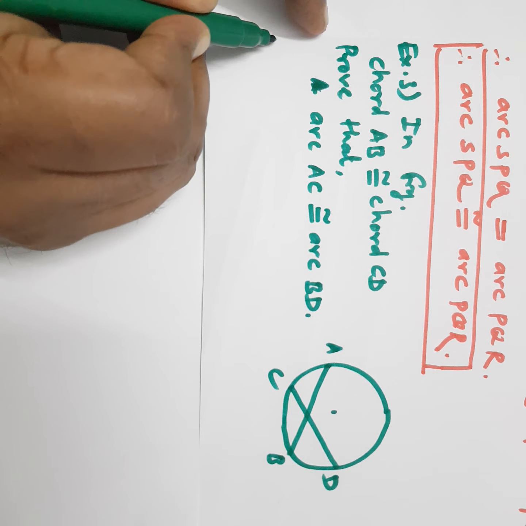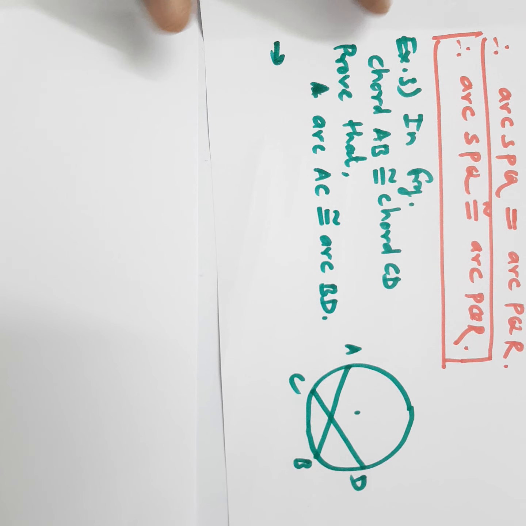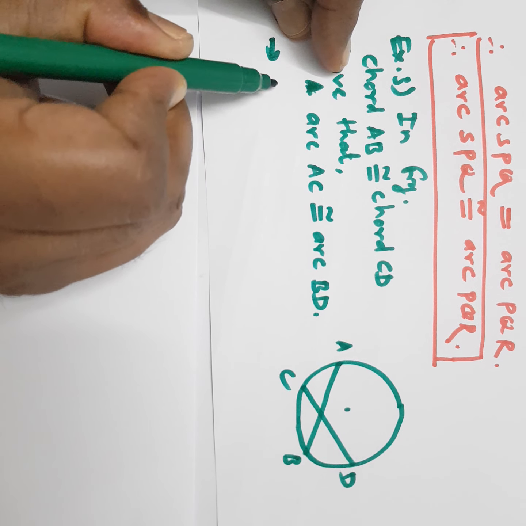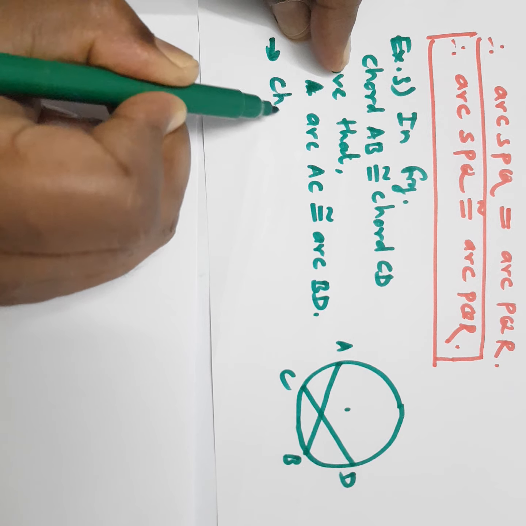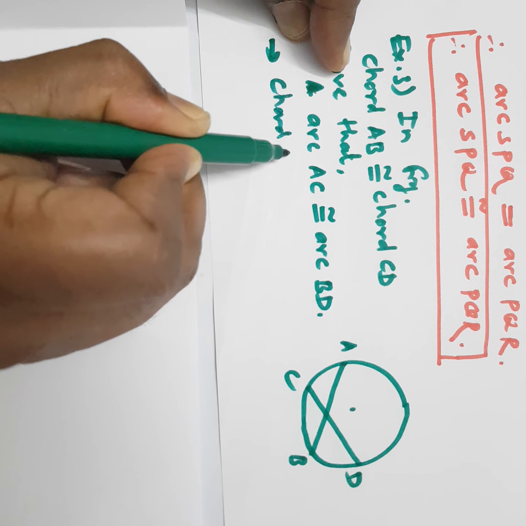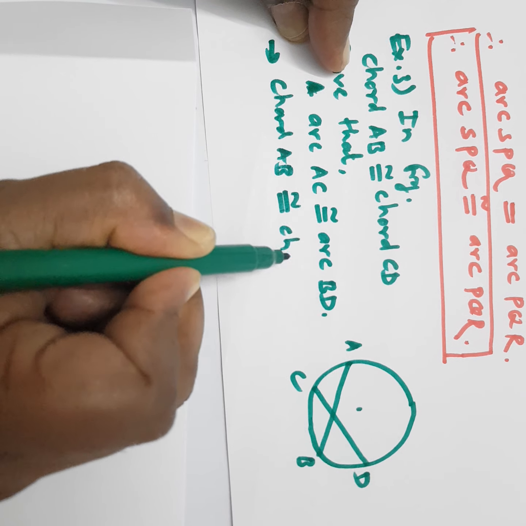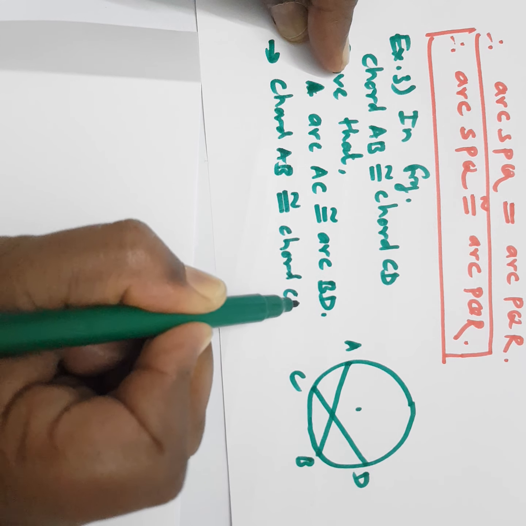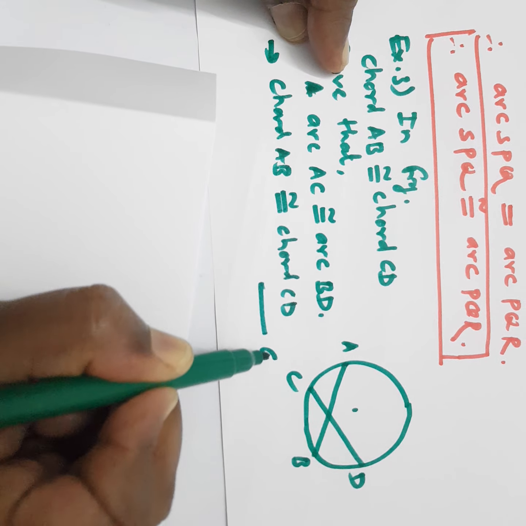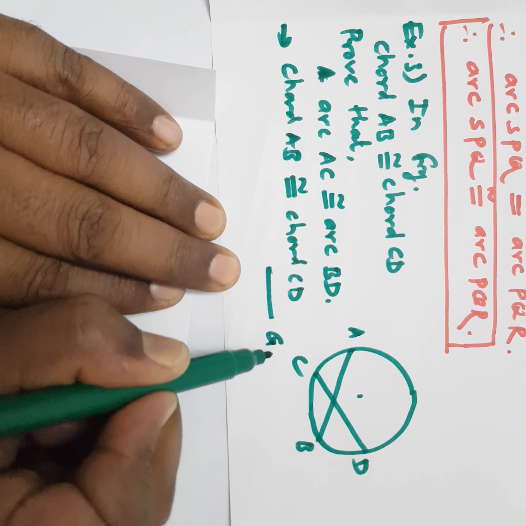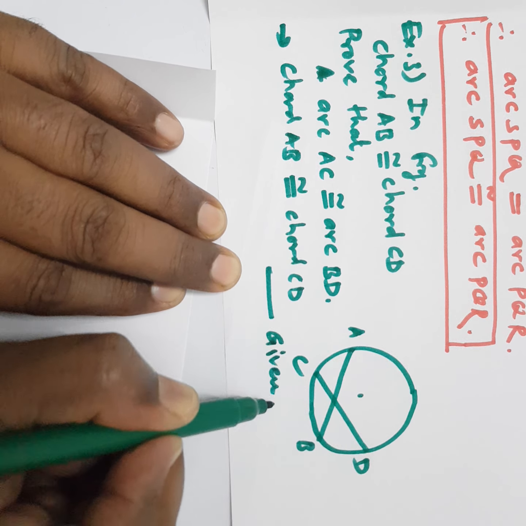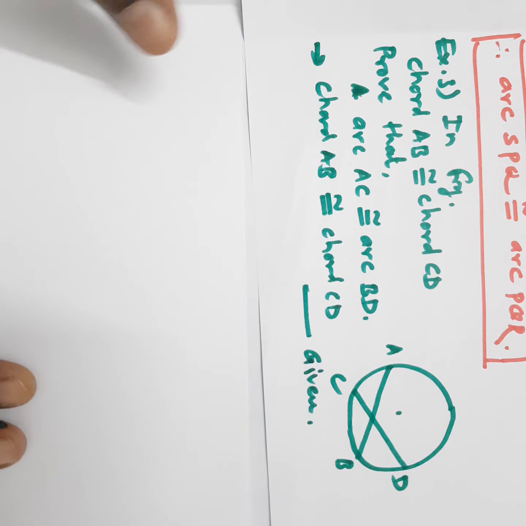Now see here, chord AB is congruent to chord CD, it is given in the example.